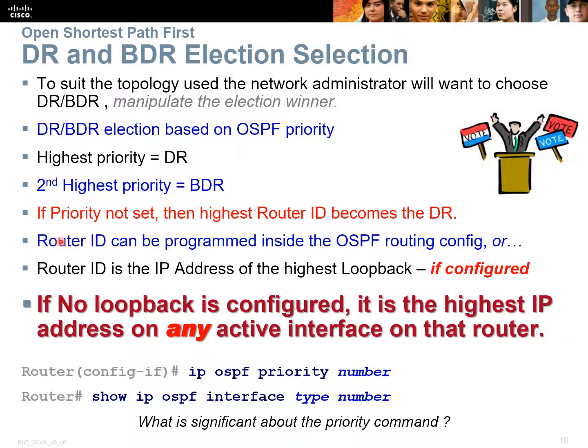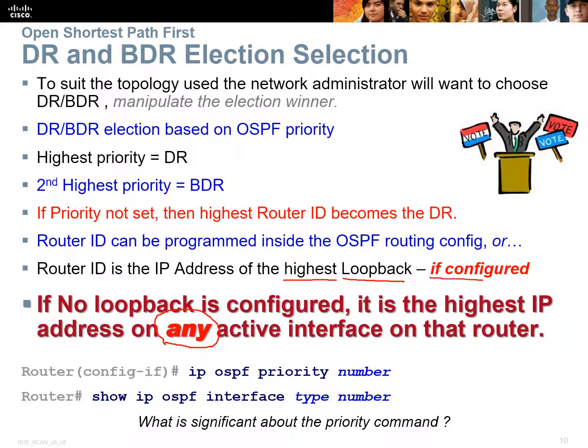Now, the router ID can be generated by programming it inside the OSPF process. It will look at all the loopbacks you've got, if you've got any loopbacks, and it will take the highest IP address from any loopback, and if there are no loopbacks configured, it would use the highest IP address on any active interface.